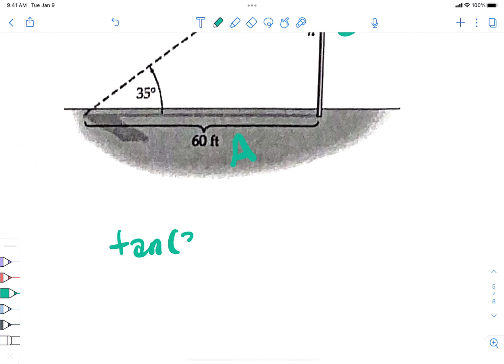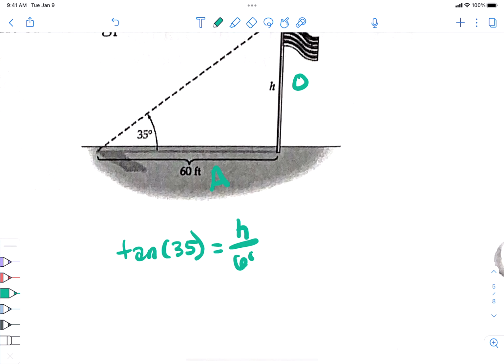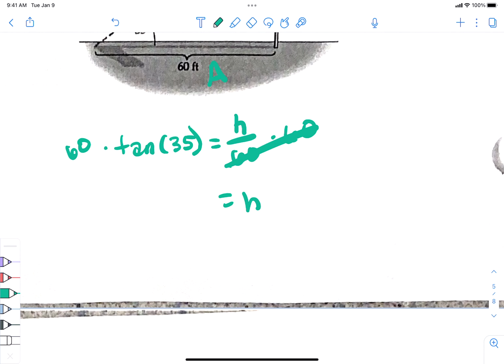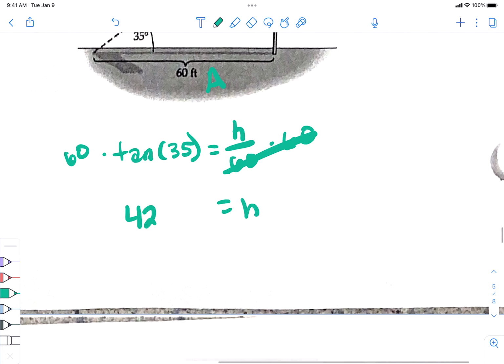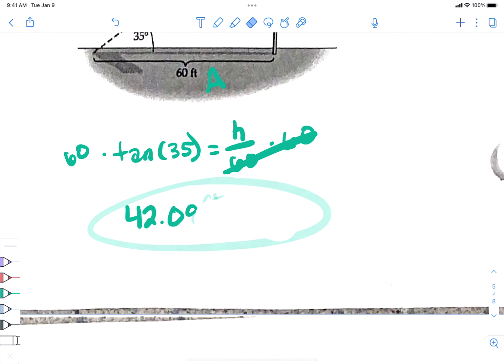Tangent of 35 equals opposite over adjacent, h over 60. Then what? Times 60. 60 tangent 35. 42.01 feet equals the height.